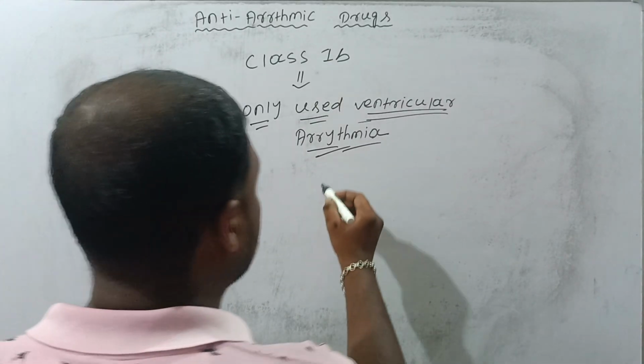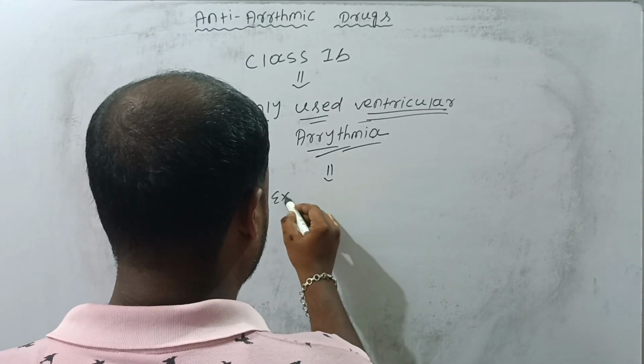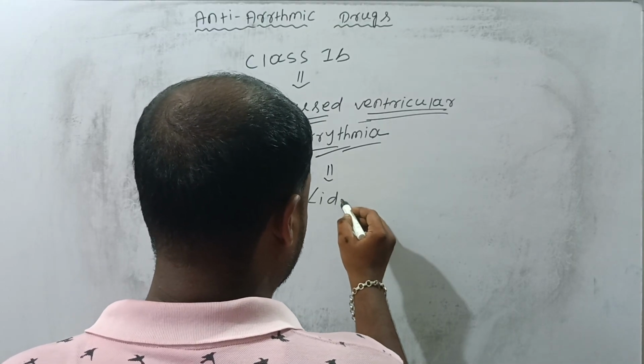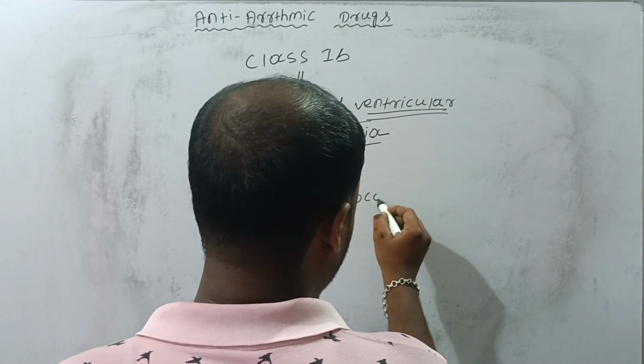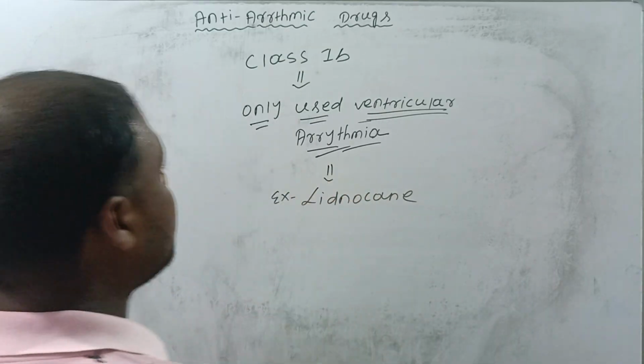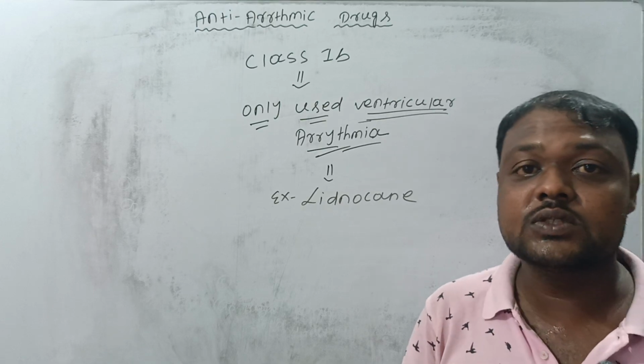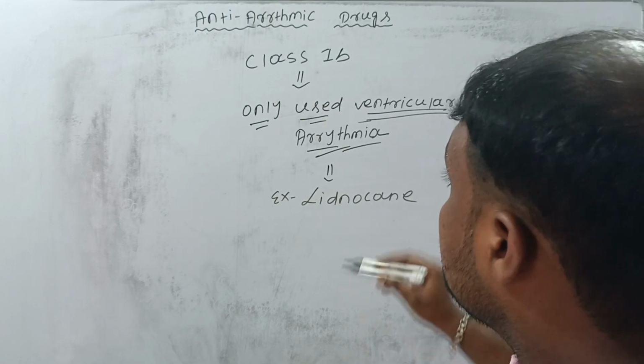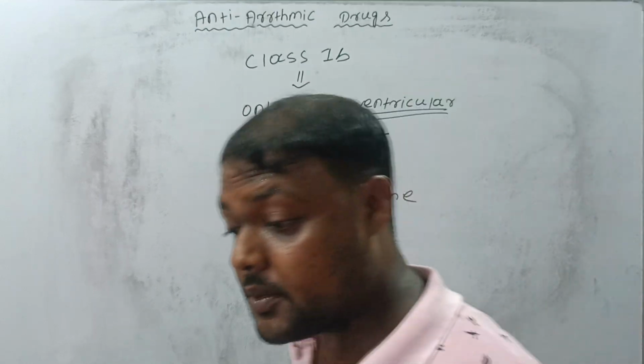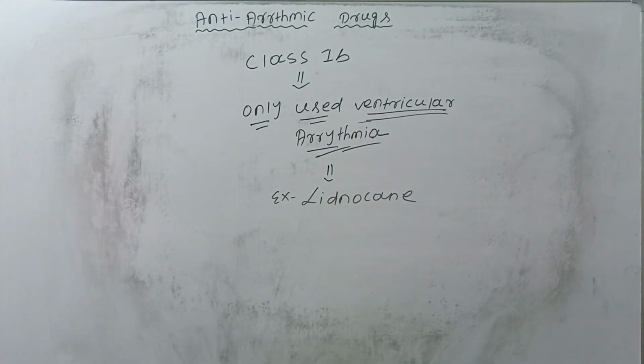Now, the example is lidocaine. Lidocaine is a class 1B antiarrhythmic drug that is used only in ventricular arrhythmia.